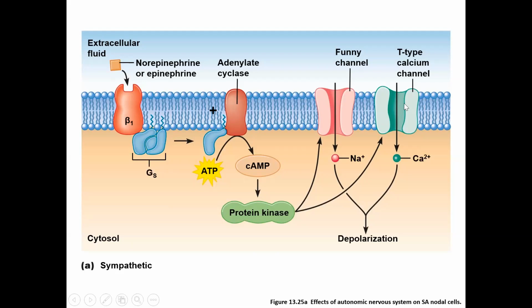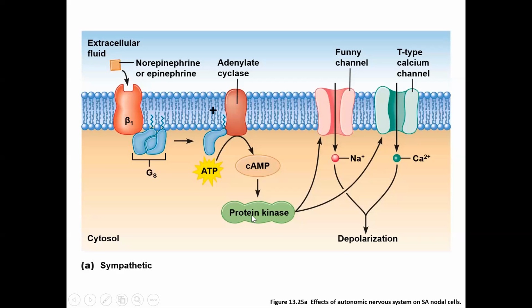And if you remember from the previous packet, the electrical activity of the heart, you should have an understanding of the cellular events that are important in bringing about an action potential in the SA nodal cells, as well as the events that take place in the contractile cell. And we know that these two channels must be open in order for these cells to fire action potentials.